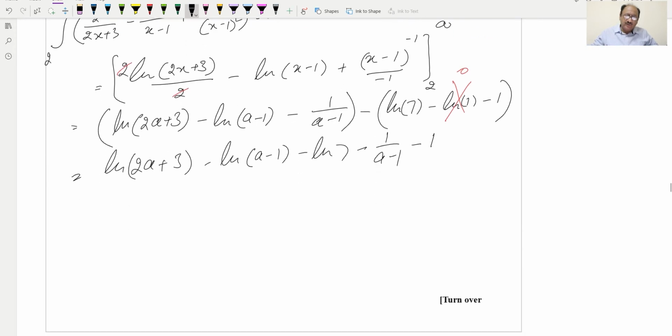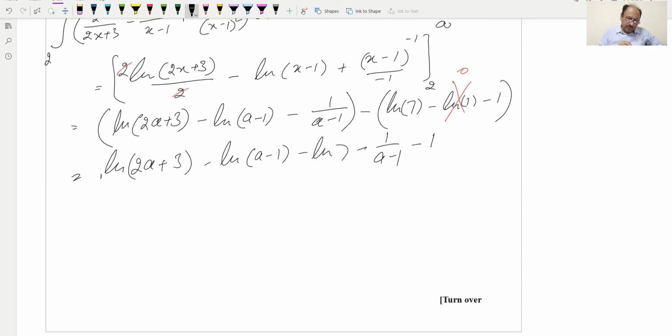Log of 1 we have left, which is equal to 0, so we left that term. So now, to get rid of this denominator, we will multiply everything by a minus 1, or we can take the LCM of this whole thing.